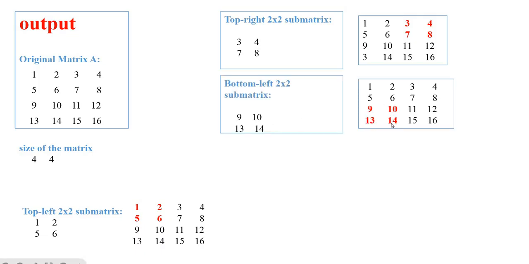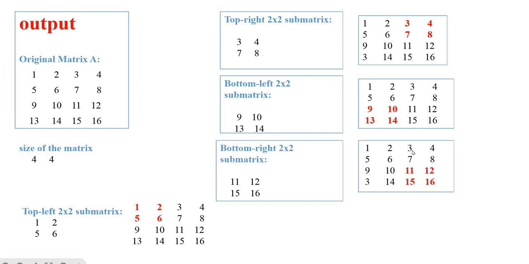Then comes the bottom left 2 cross 2 submatrix. For this we have written m minus 1:m, which means the last two rows, and 1:2, the first two columns. Then next is the bottom right 2 cross 2 submatrix, which is 11, 12, 15, 16.